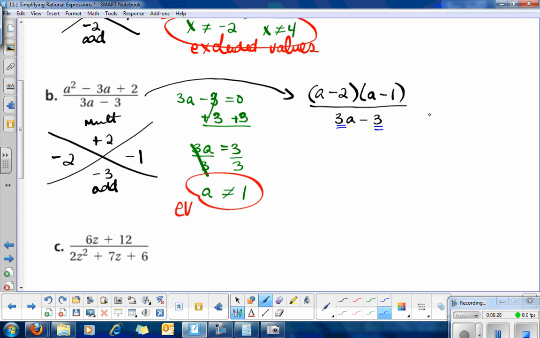We can factor that out. So we end up with 3 times the quantity a minus 1. Well, bingo, look at that. So here we have a minus 2 times a minus 1 in the numerator over 3 times a minus 1 in the denominator. Now a minus 1 will cancel, and our final answer is a minus 2 over 3.